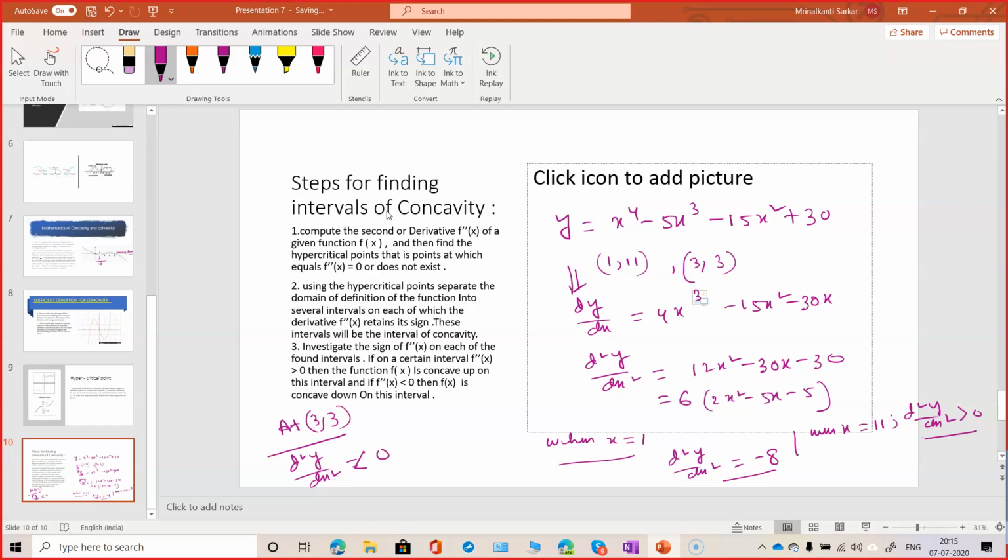It should be minus 3, 3. At x equal to minus 3, what happens? If we do, it becomes positive. So it is not concave up or down in both the intervals. Thank you.